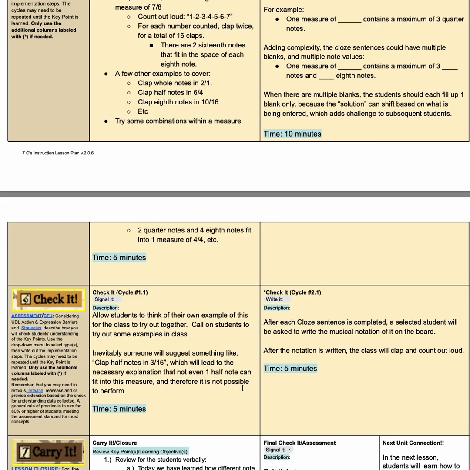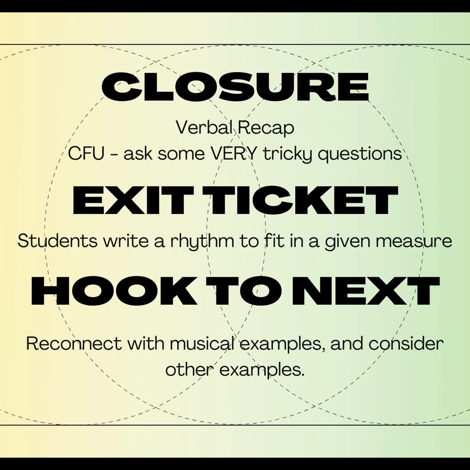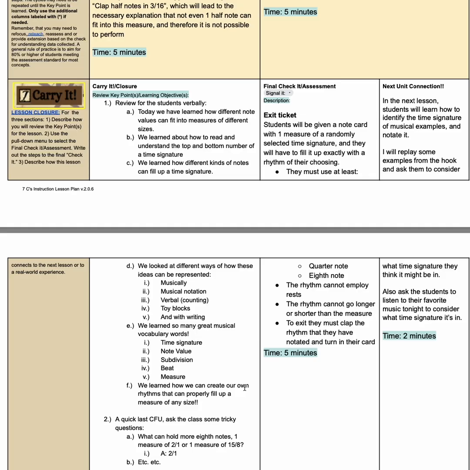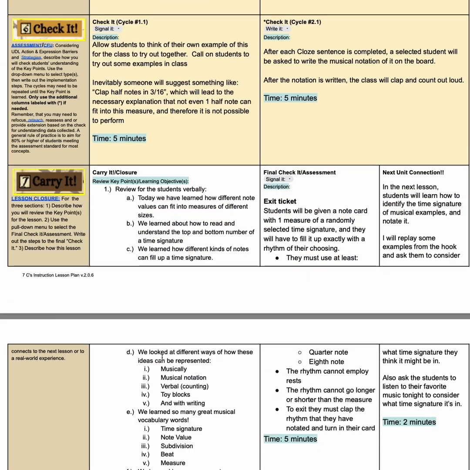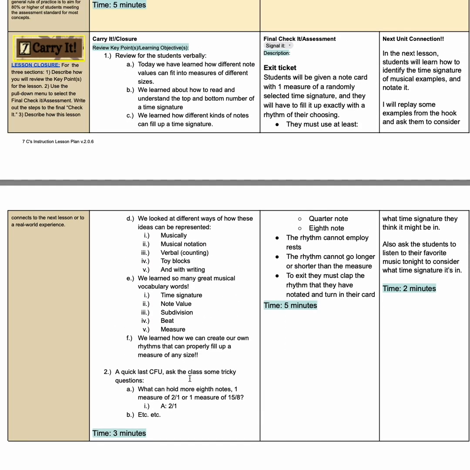All right, so the carry-it section. So we have the closure. I'm just going to verbally recap everything because it's quite a lot of stuff to go over, so I can get through that quickly and down to this part, which is a really interesting part. In a lesson like this, you want to use very simple examples to talk about the ideas, but there are a lot more complicated examples.